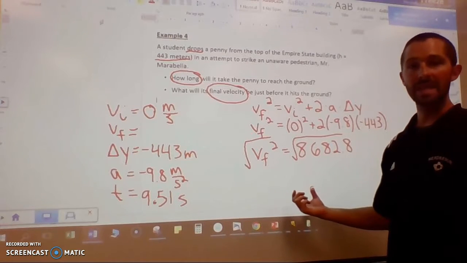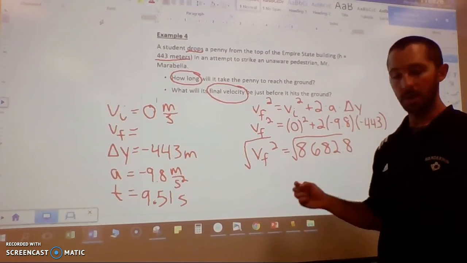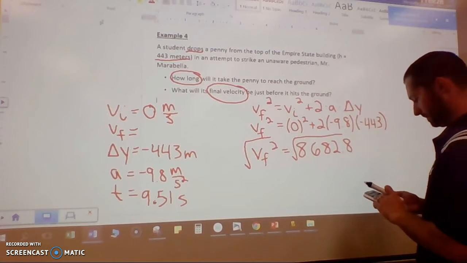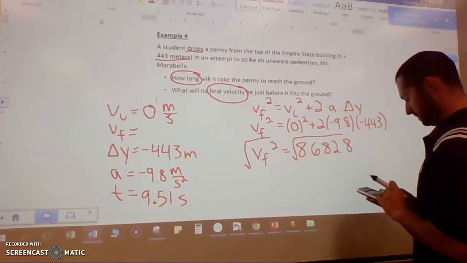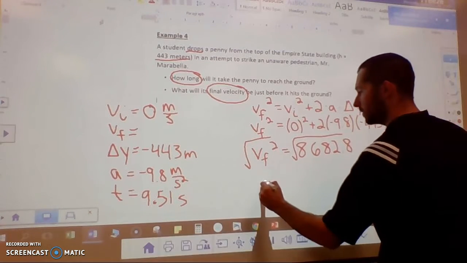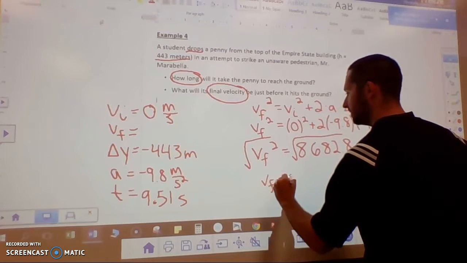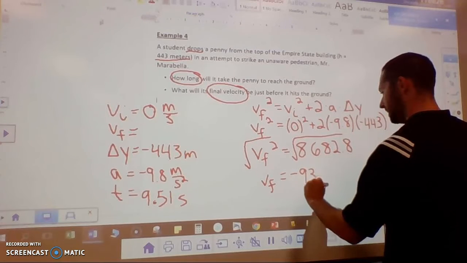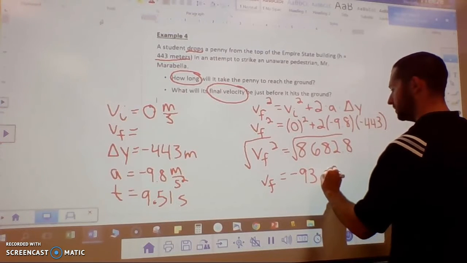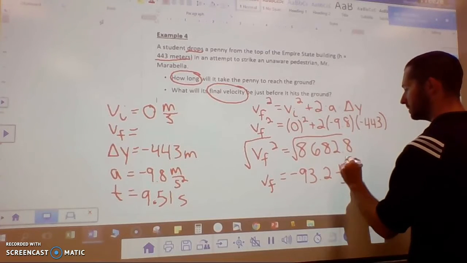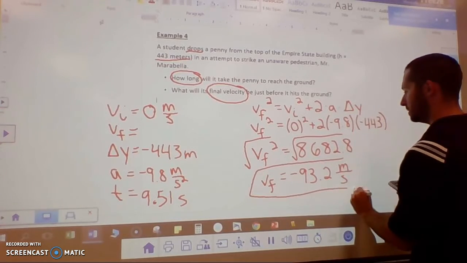I'm actually going to use the negative here when I take the square root because my object is traveling downward. So our final velocity will be negative 93.2 meters per second.